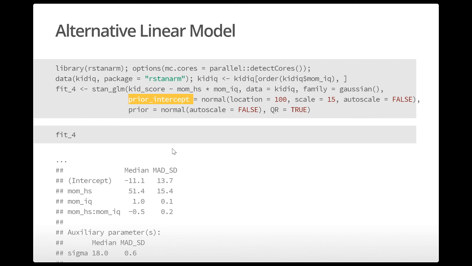So if you just know about the construction of the test, you can put a normal with an expectation of 100 and a standard deviation of 15. IQ tests are also constructed to have a standard deviation of 15 over the population. So in this case, you could use what you know about the test in order to make an informative prior, and then just put uninformative or weakly informative priors on the coefficients.